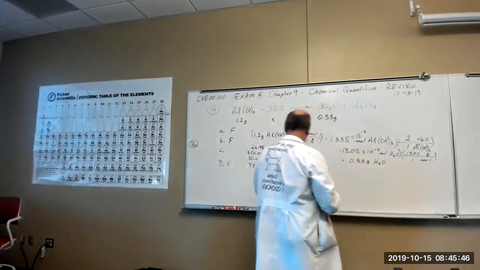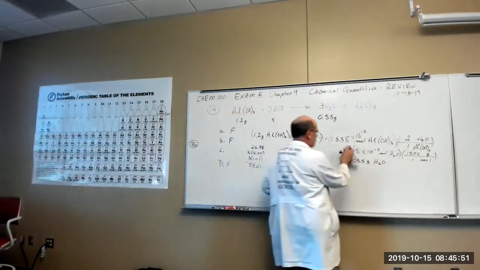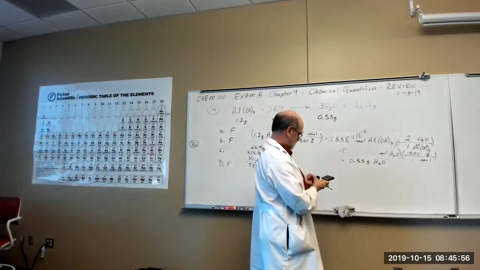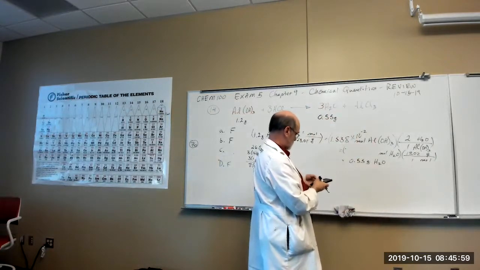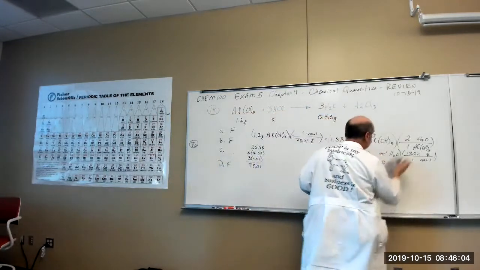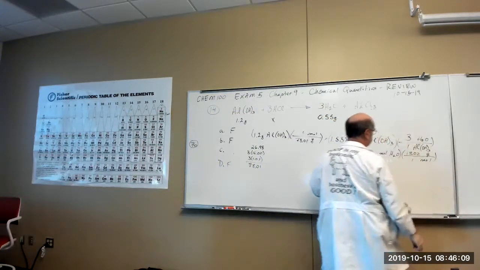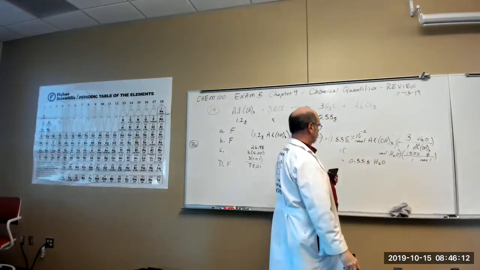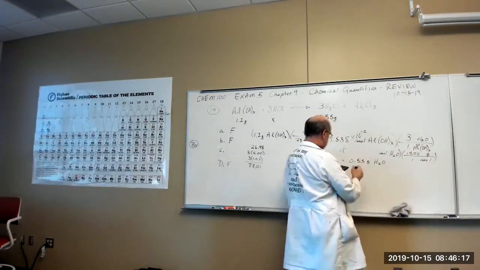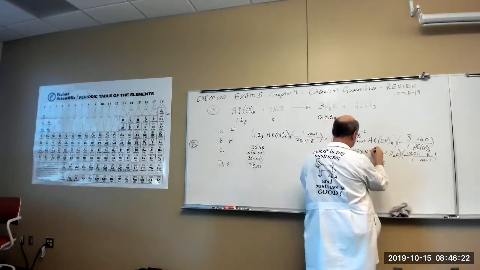Okay. So now, what do we get in here? 1.538 times 10 to the negative 2. And now this is going to be 3. Okay, so 3 times that gives you 4.614 times 10 to the minus 2 moles of water.